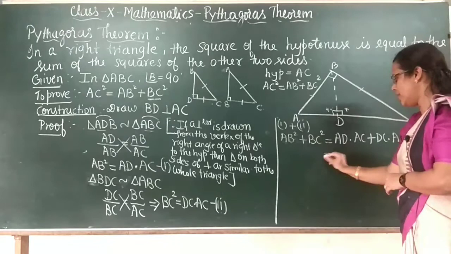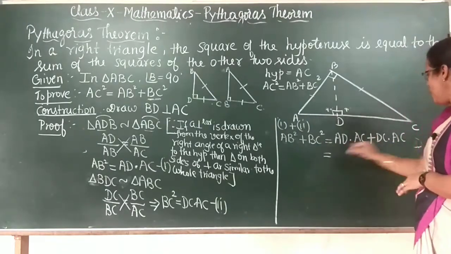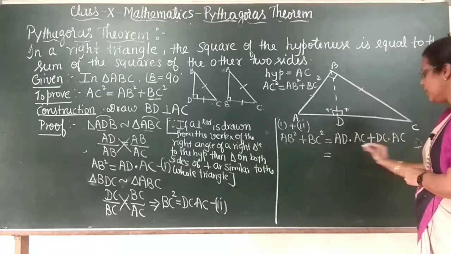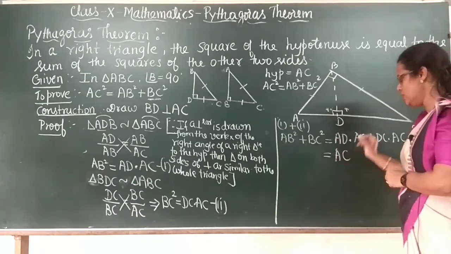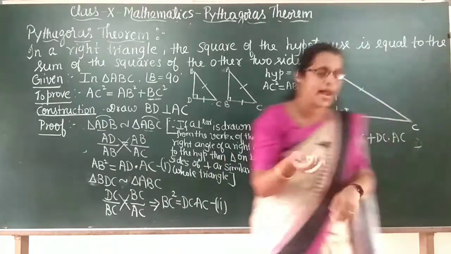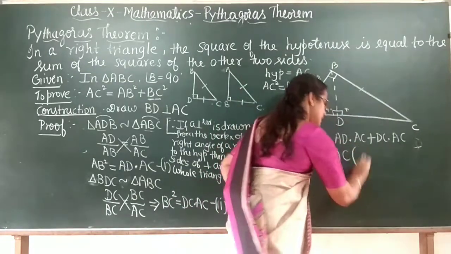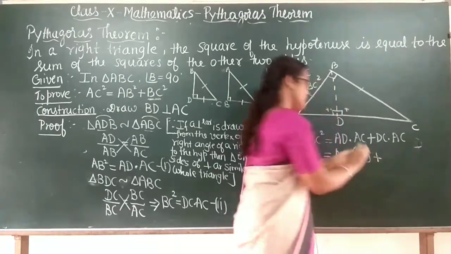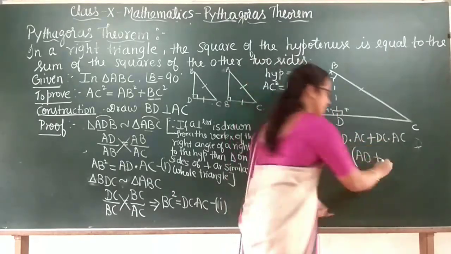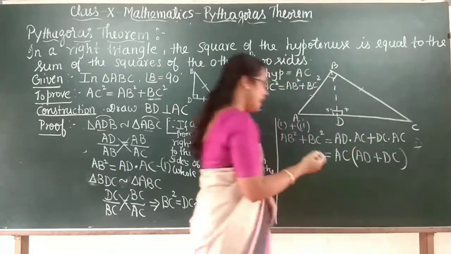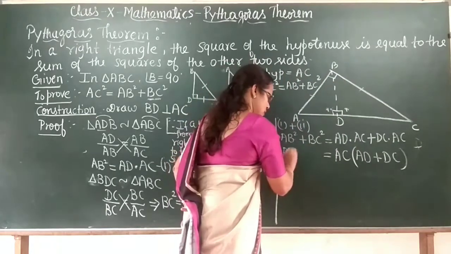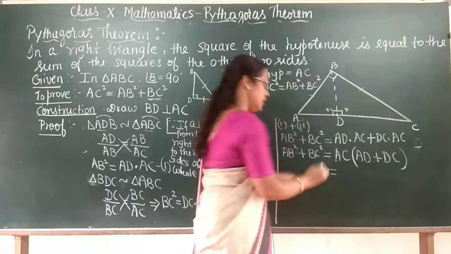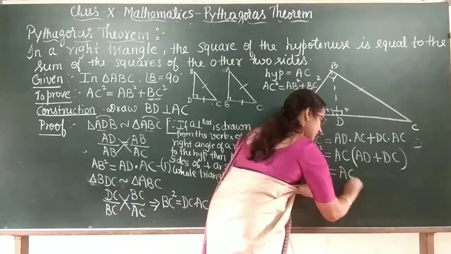So while adding, what will happen here? Who is common in both? AC is common. Can I take it out? AC went outside. Means inside who is remaining? AD plus DC. Okay, so now what can I do? AB square plus BC square, write as it is, equal to AC, write as it is.